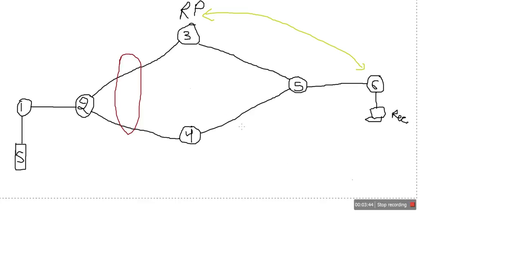Seventh question, or another question, would be: let's say now this side is stable, this side is good, but for some reason this side went bad. All I'm saying is the shared tree is not stable, but the SPT tree is stable. So unicast routing for some reason is not working well on this side now, and the RP always has the S comma G entry because the source is sending data to that group IP.